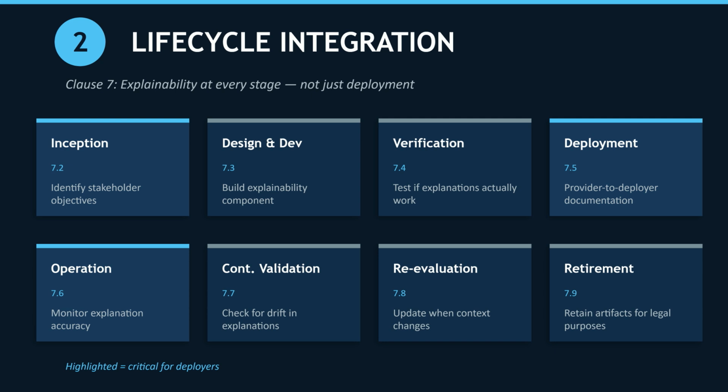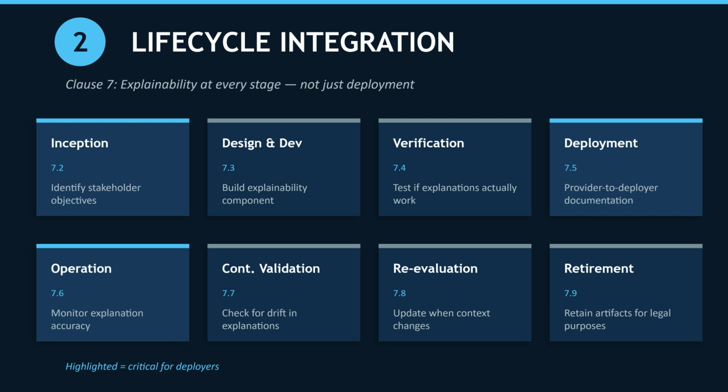At design and development, that's where you build the explainability component. At verification and validation, that's where you test whether your explanations actually work. At deployment, that's where provider to deployer documentation matters. Through operation, continuous validation, re-evaluation, and even retirement, because you may need to retain explainability artifacts for legal purposes.